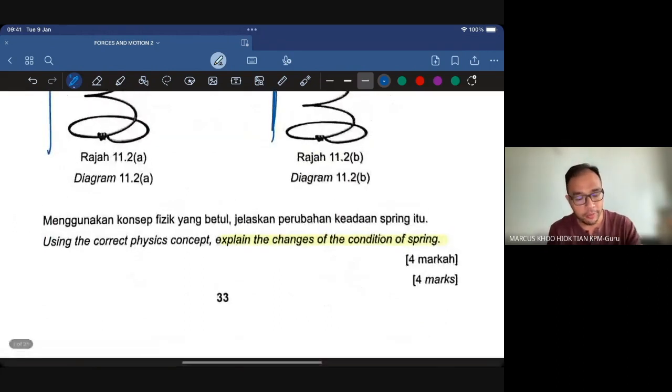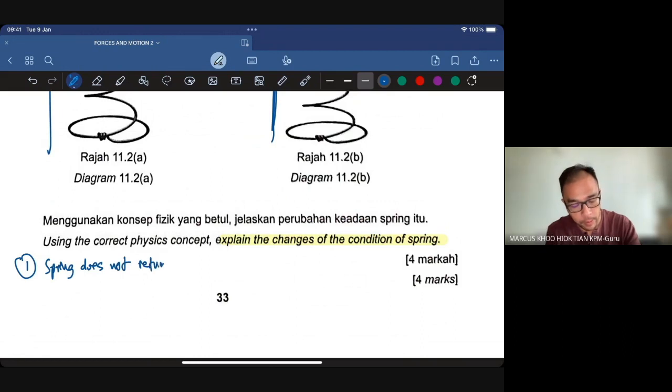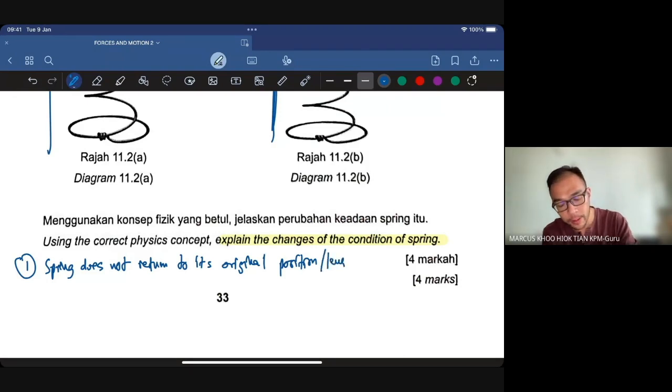So the first point you have to state is the change in the condition of the spring. Number one, the spring does not return to its original position or original length after the load is removed.